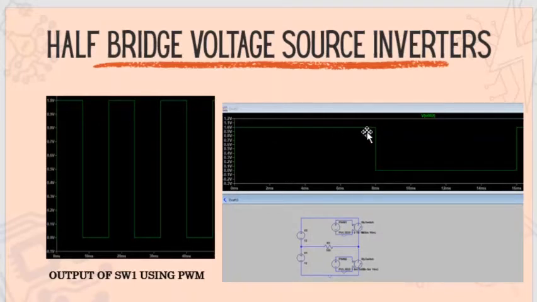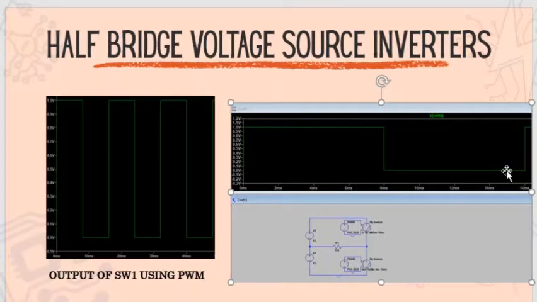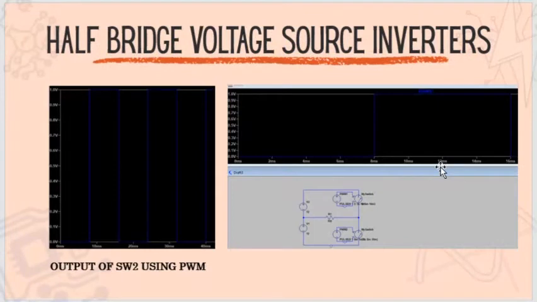It will last for 8 milliseconds and it will drop to 0 volts and it will be off. Then S2 will be on and S1 will be off. Next one is the S2 being turned on and S1 turned off.